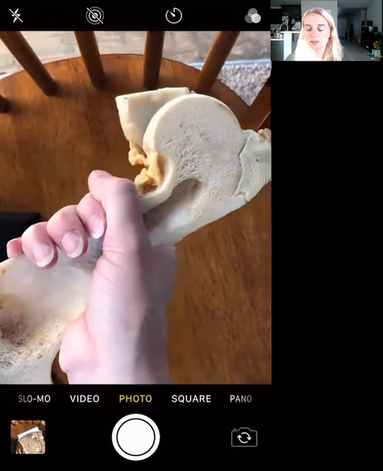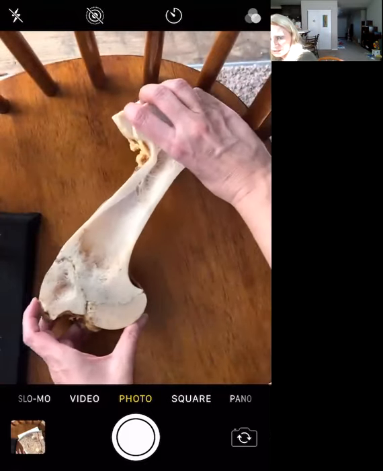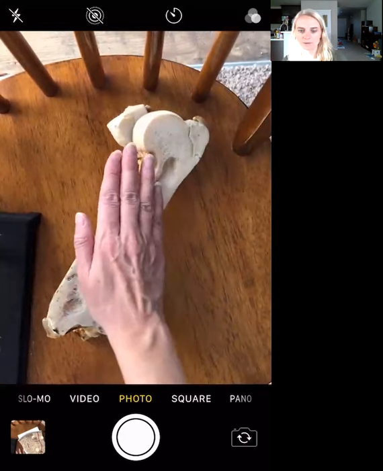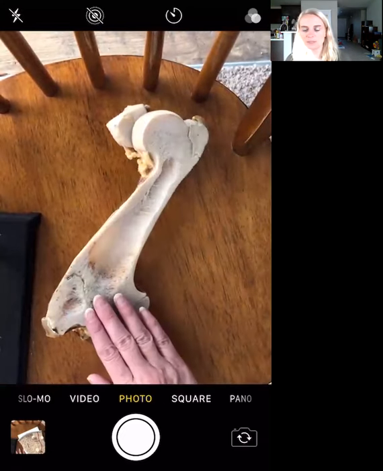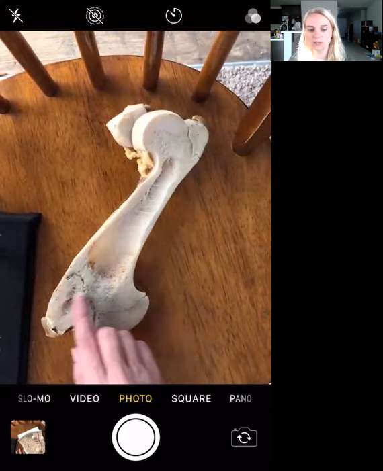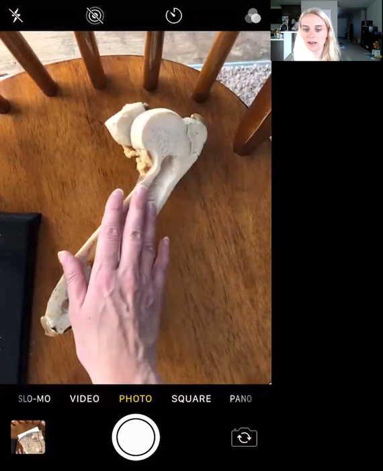The diaphysis is the shaft of the bone. Epiphyses are the ends of the bone, right? So if I put the whole bone here, we can see the diaphysis right here, the shaft. The epiphyses are the ends of the bone. And then the metaphysis is usually a boundary between the epiphysis and the diaphysis.